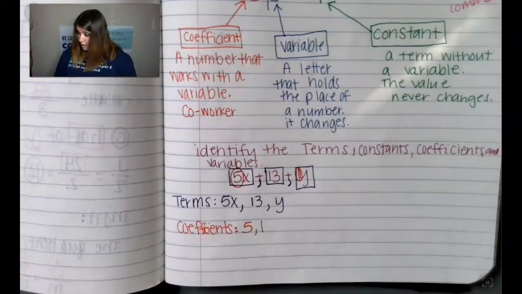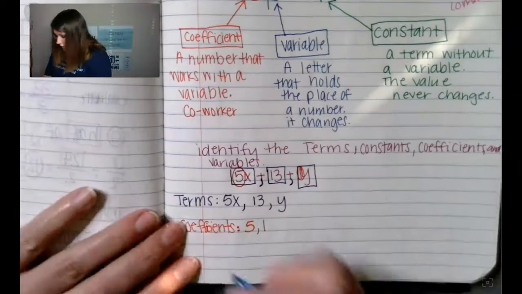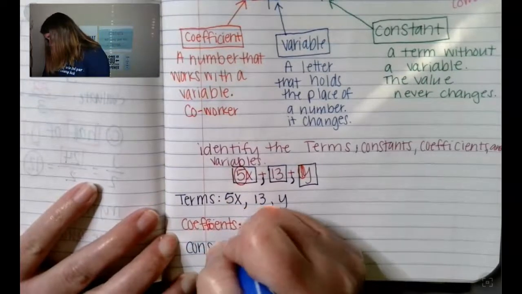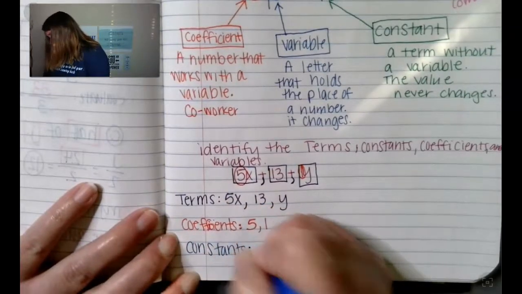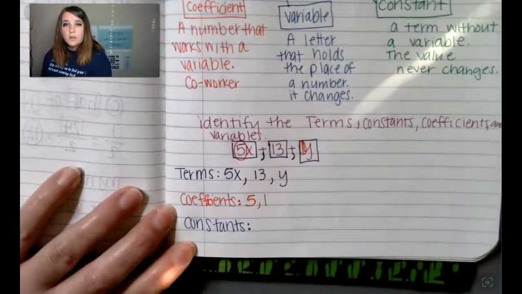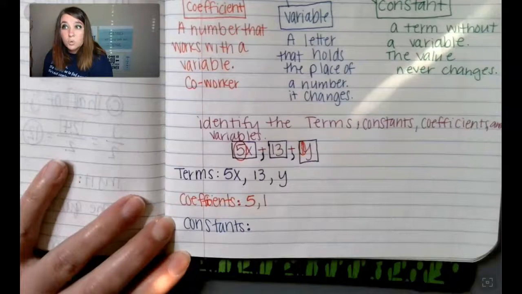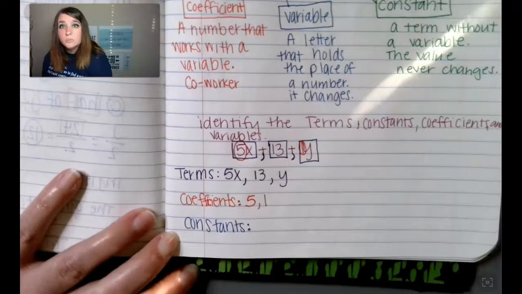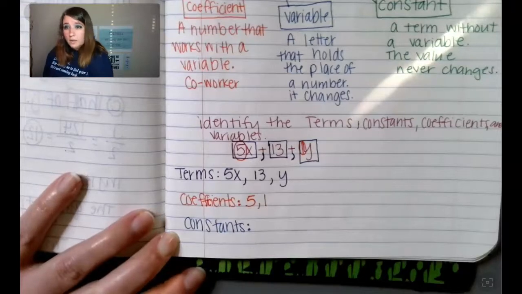Okay. Now we have constants. So our constants were blue, so let's do constants in blue. All right, our constants. The constants are the ones who say they're going to be who they are. They're constantly reliable, dependable.